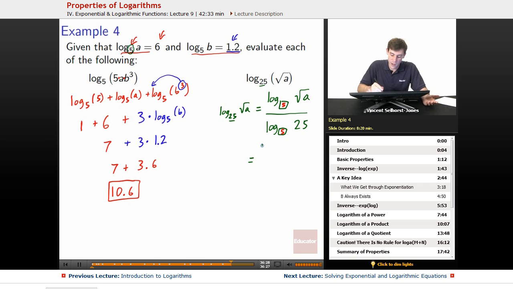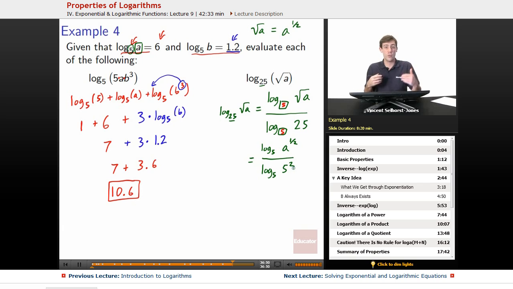So log base 5 of root a. Now, root a, that's not what we have. We have a. Is there another way to write root a that would involve a? Well, yeah, root a is the same thing as a to the 1/2. So we can write that as log base 5 of a to the 1/2 divided by log base 5 of 25. Well, we see that's log base 5 of 5 squared, right? Because what number do you have to raise 5 to to get 25? You have to raise it to 2.